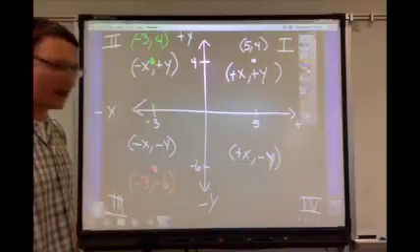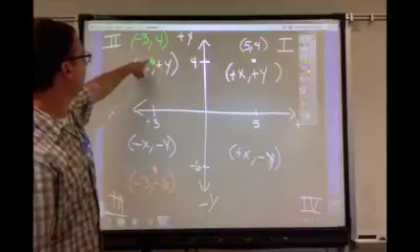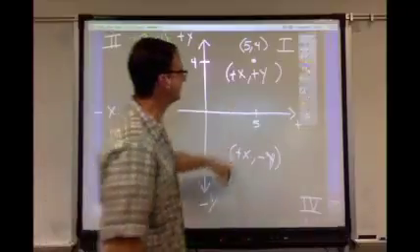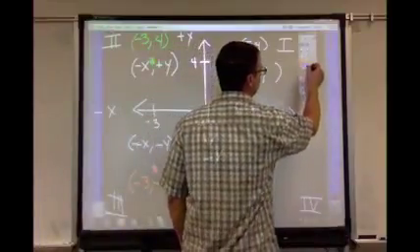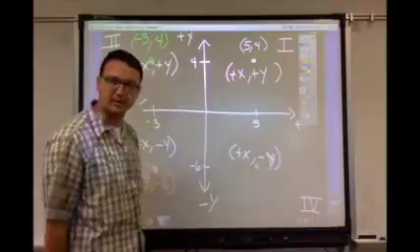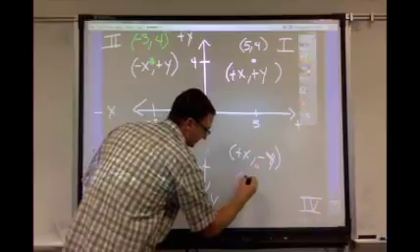Okay, so now we have positive x, positive y, negative x, positive y. We have negative x, negative y, and last but not least, say we get this point. That point would be positive 5, negative 6.